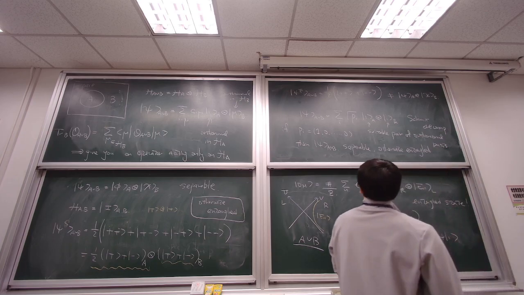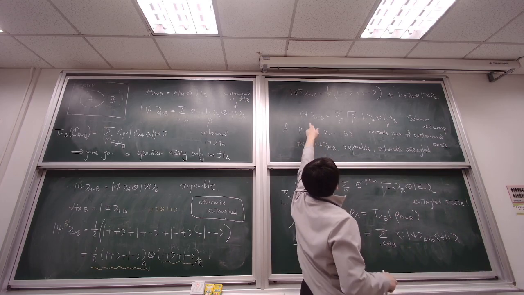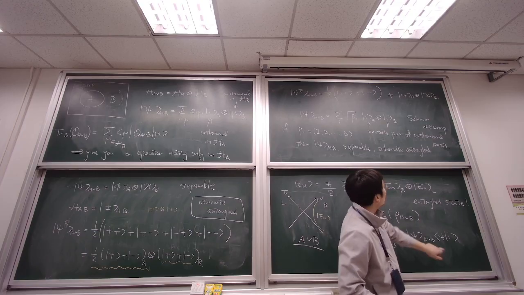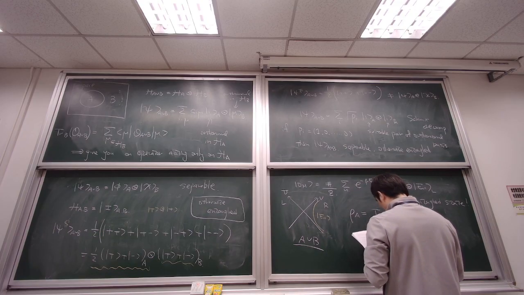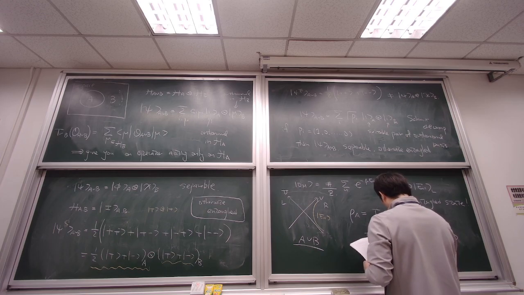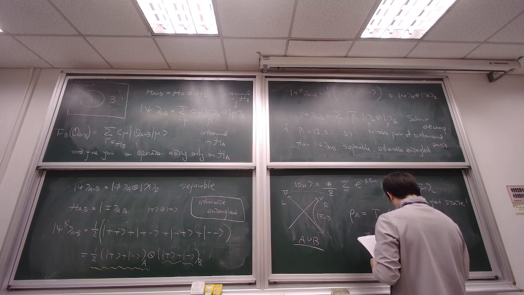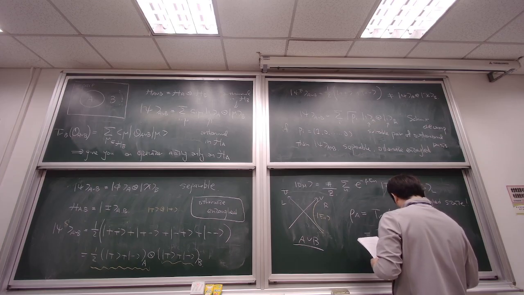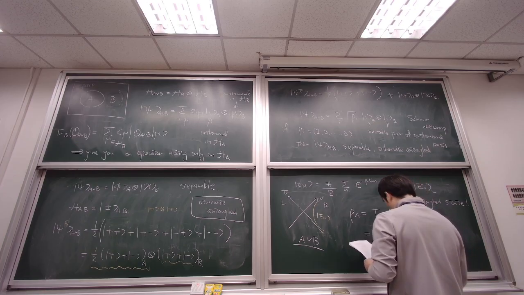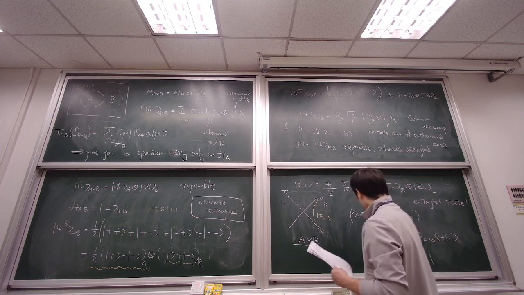Okay, and then here I just plug this one into here, and what you get is something like a sum over both A and I, like this.